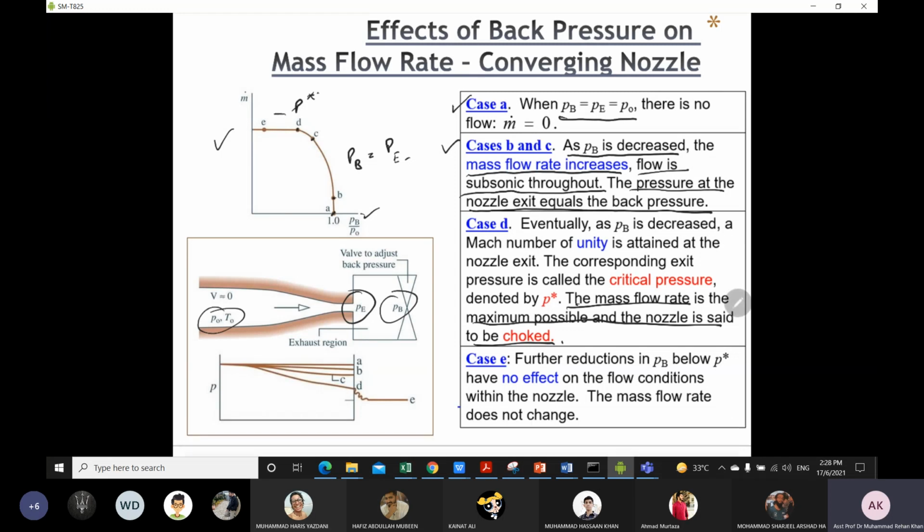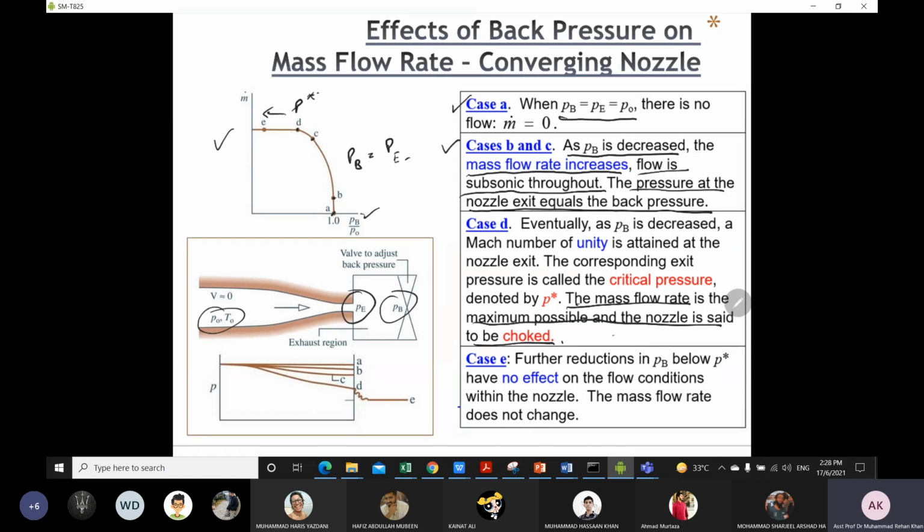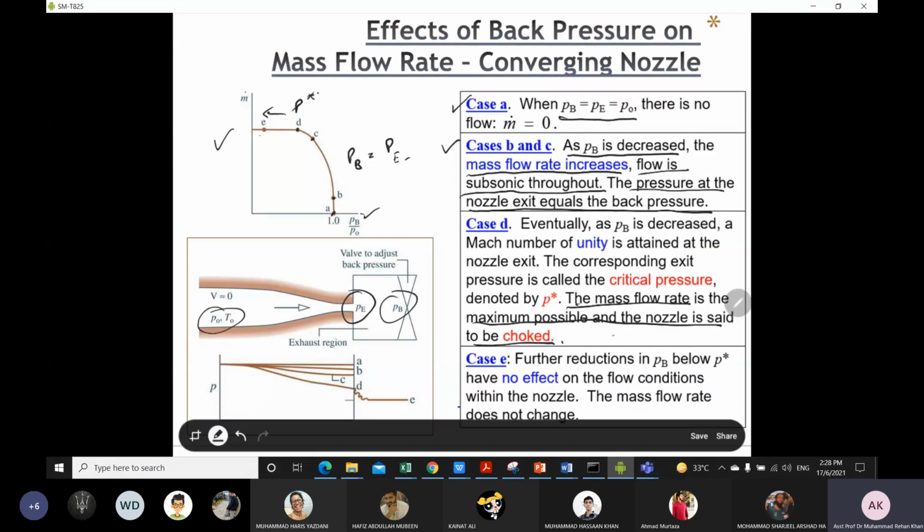Okay, so for example, if I decrease the back pressure more and the point reaches point E, there is no effect on the mass flow rate. The mass flow rate is maximum possible, so points D and E are referred to as choked. The meaning of choked is any point where your mass flow rate becomes maximum. So that point we can define as choked.